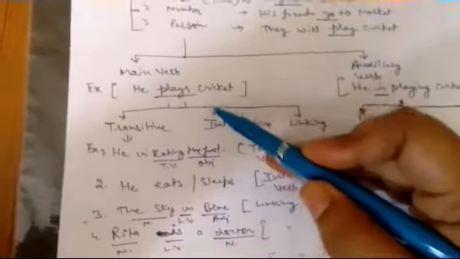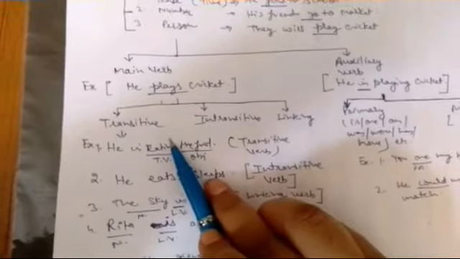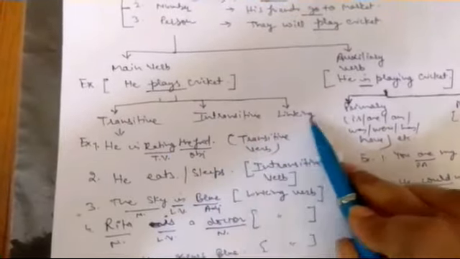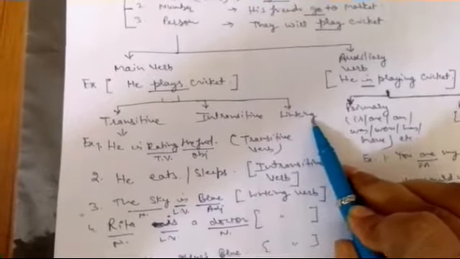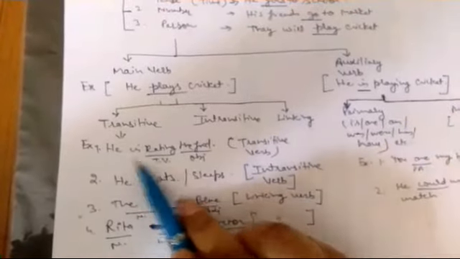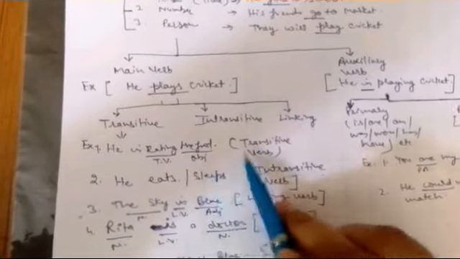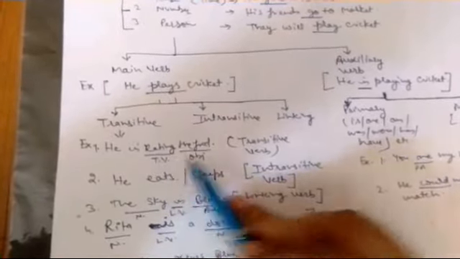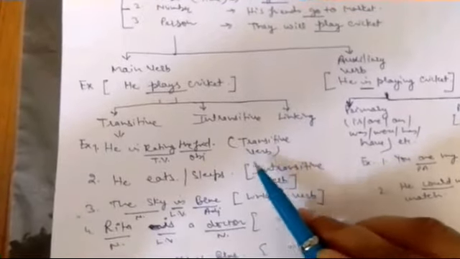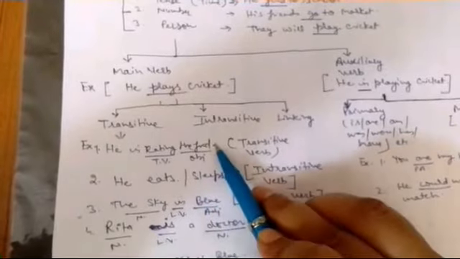Now, main verb is further divided into three parts: transitive verb, intransitive verb, and linking verb. What is transitive verb? You can see the example. He is eating the food. So eating is the transitive verb because after eating an object is there.